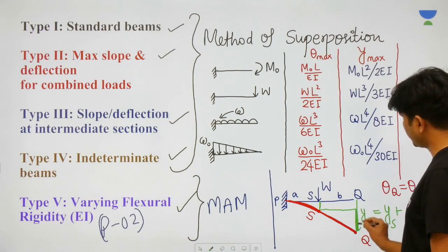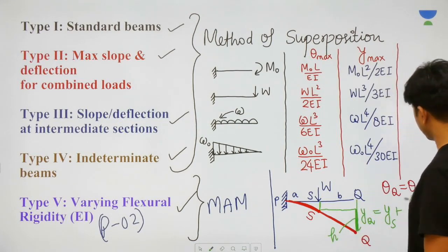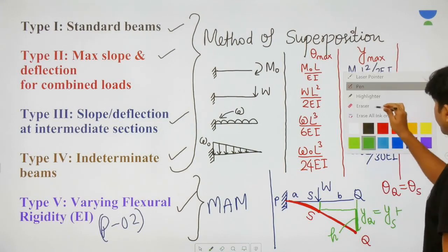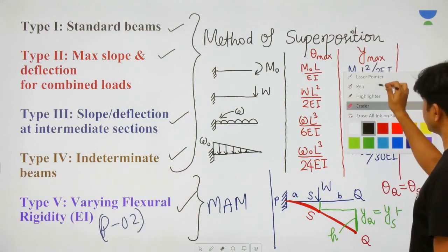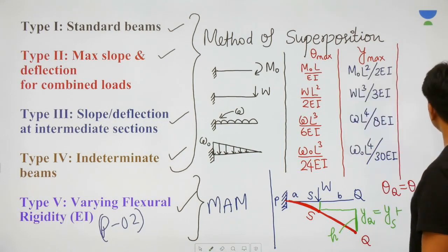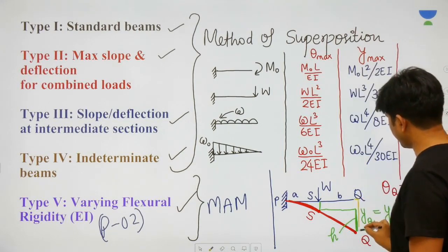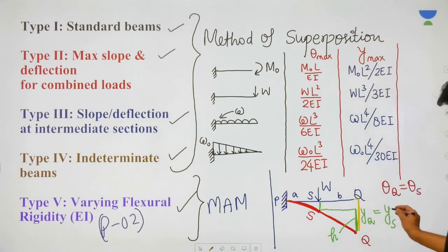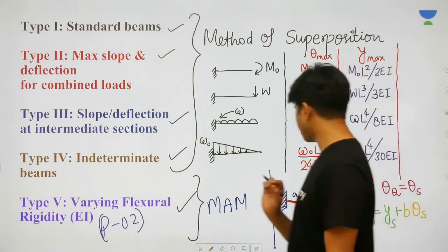This yq value we can write as ys plus h, as I described in part 1 of this series, and h is nothing but b into theta s.